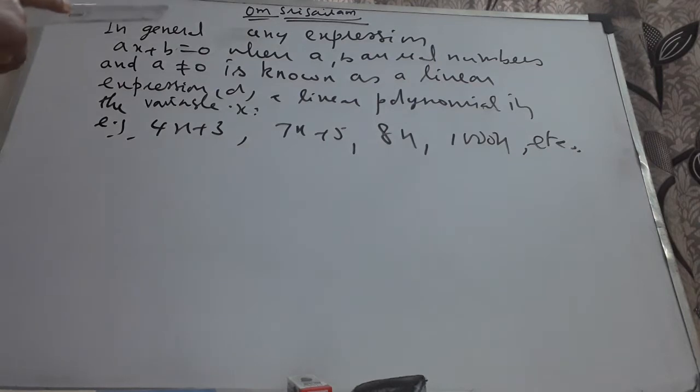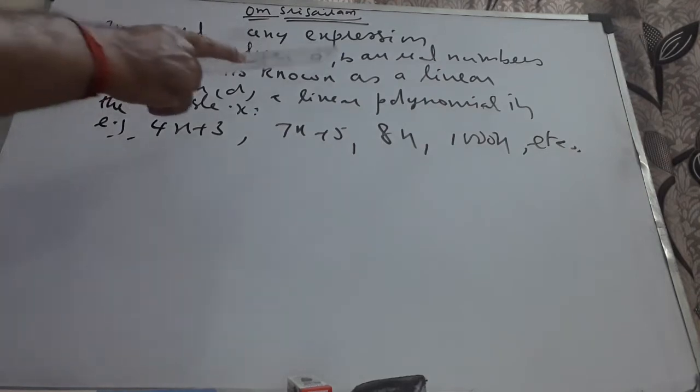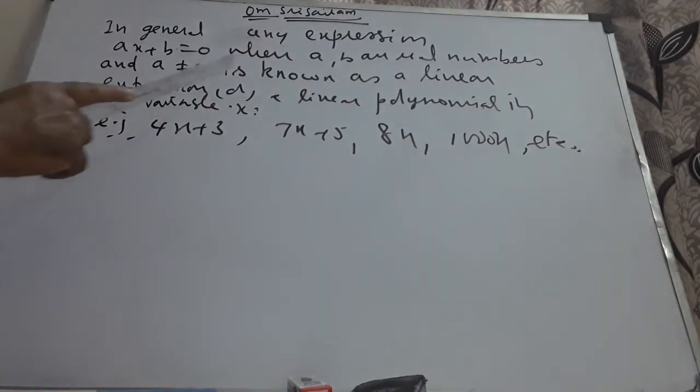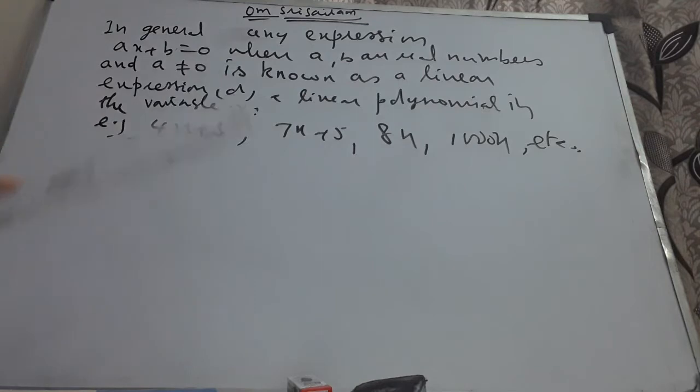Let me repeat. In general, any expression of the form ax plus b, where a, b are real numbers and a not equal to 0, is known as a linear expression. Real numbers are a mixture of rational and irrational numbers, as we have seen in earlier videos.